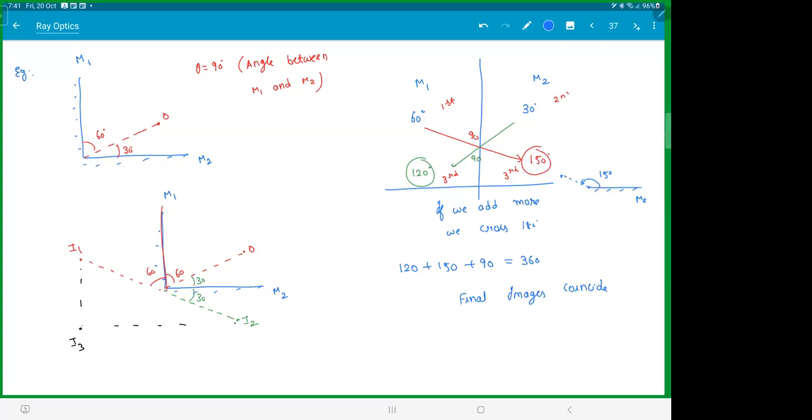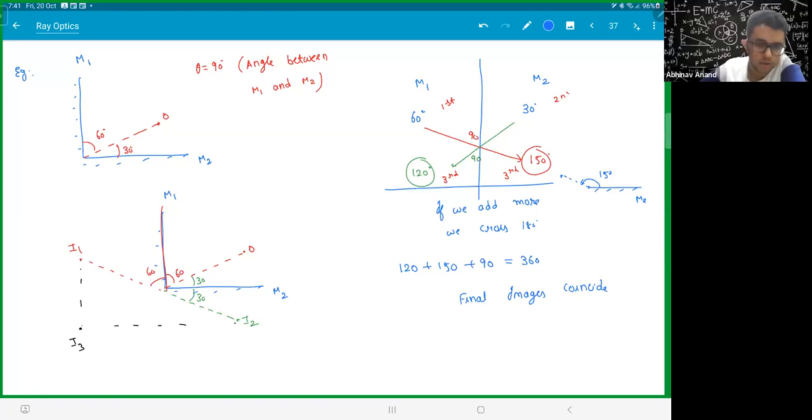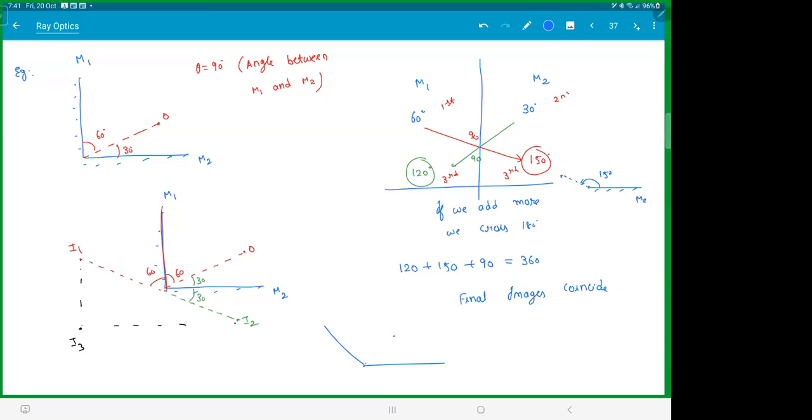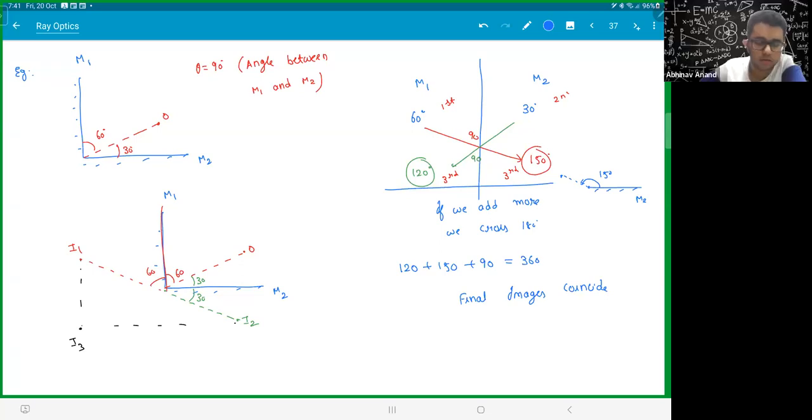What you're saying is, because the mirror's angles cannot exceed, the position will be at I1's position, right? So we won't take that. Then what you're saying is true. Then you get only how many images? 2 images. You're getting it?